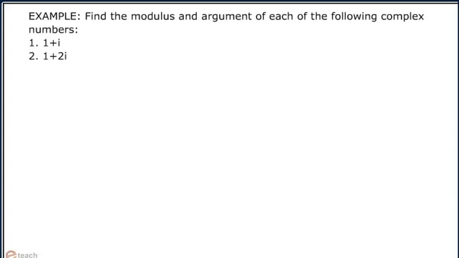Let us take an example. Find the modulus and argument of each of the following complex numbers. First one is 1 plus iota. Second one is 1 plus 2 iota. Let us see the solution.